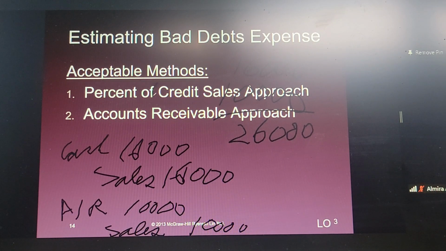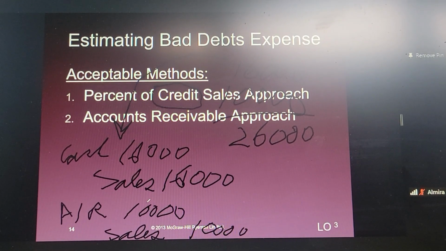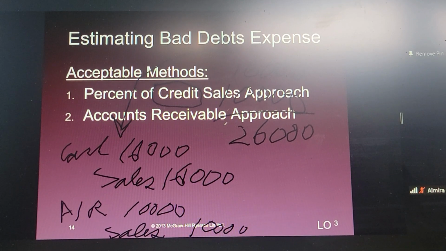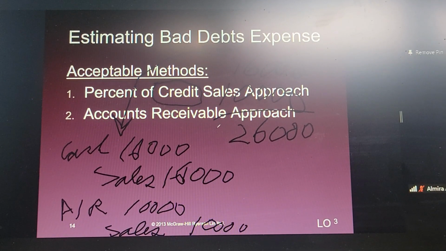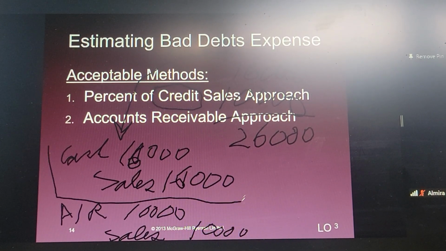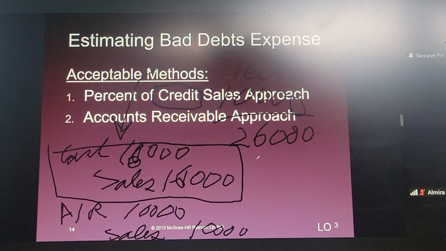Why did I add credit sales? Do I have to worry about the 16,000? I will not get it. I'm talking about bad debts. I'm talking about money I would not collect. Right? So here, I received cash for this sale. Is there a risk in it?